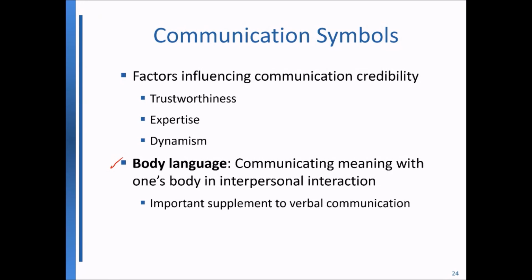So, body language, okay. Now let's proceed to the direction of communication. Okay, now there are directions of communication. You know what a direction is? Is it going up or is it going down? So that is directions of communication.